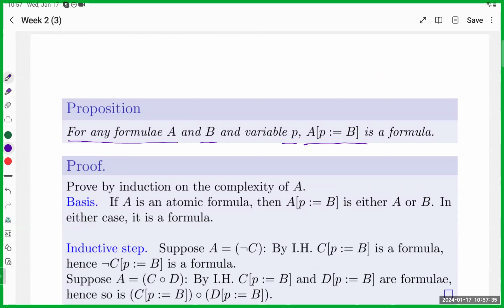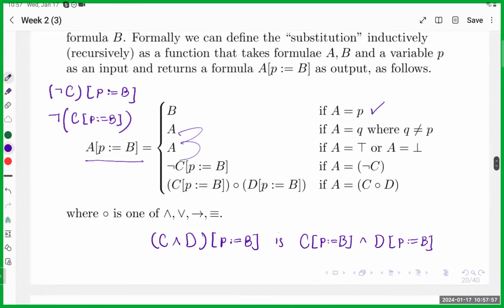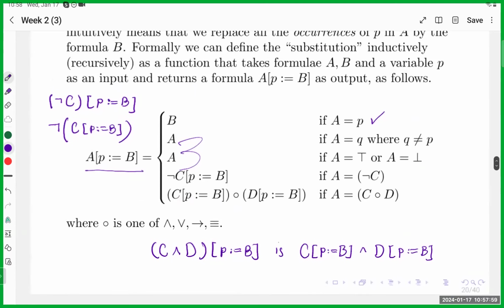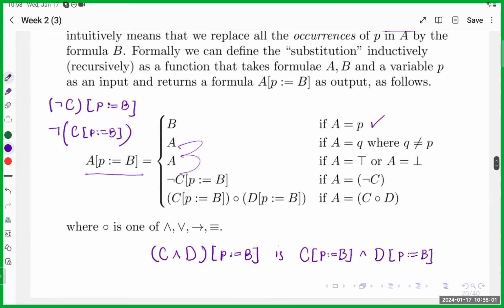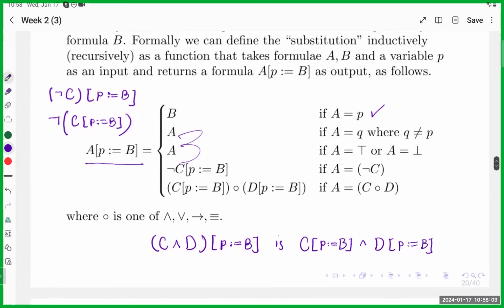As I mentioned, whenever something is defined recursively, you prove statements about that thing by induction. So here, we prove this by induction on the complexity of the formula, because our recursive definition was by recursion on the complexity of the formula.